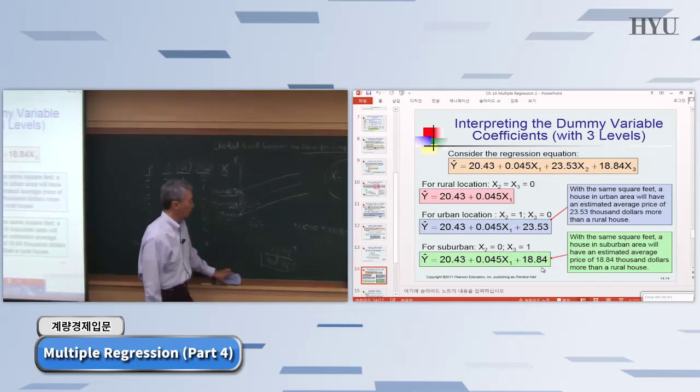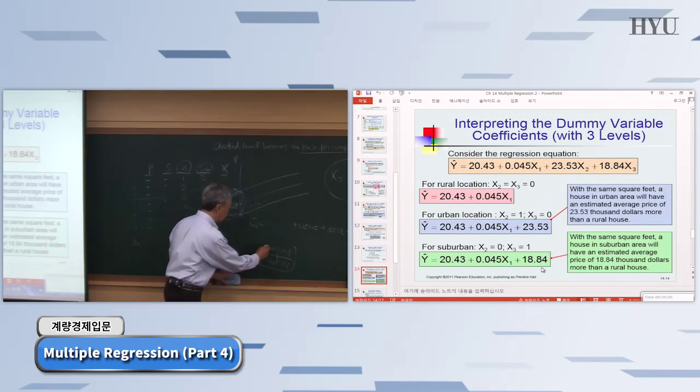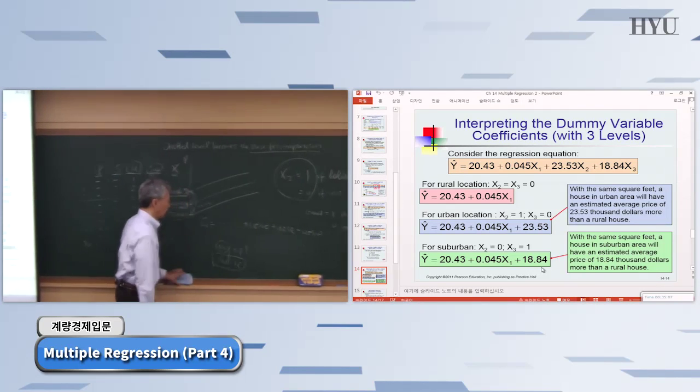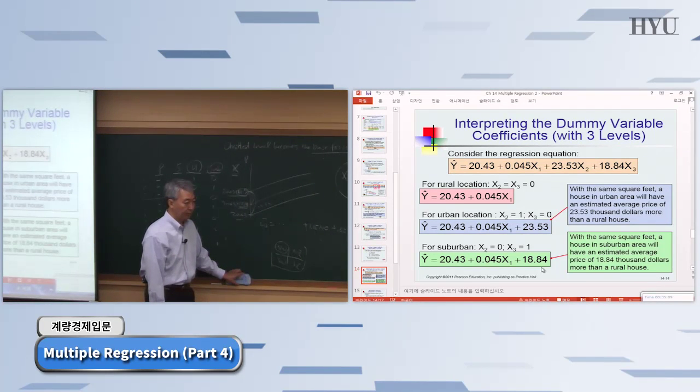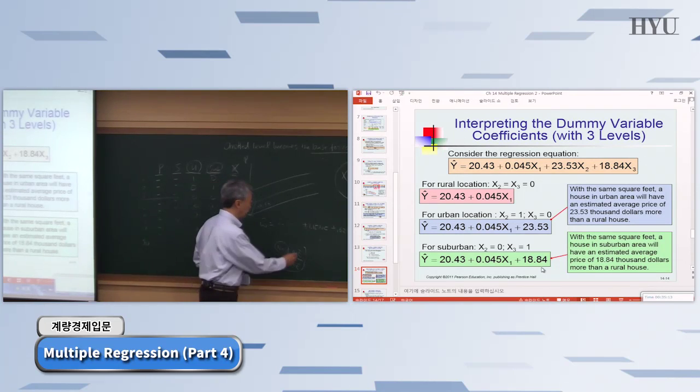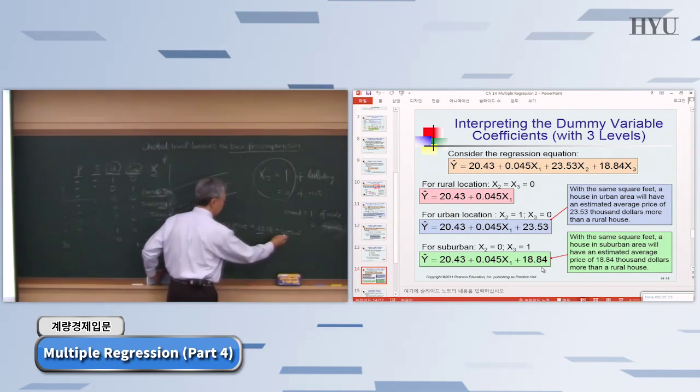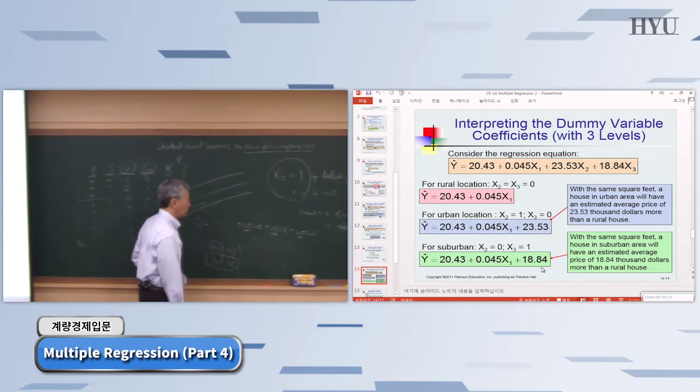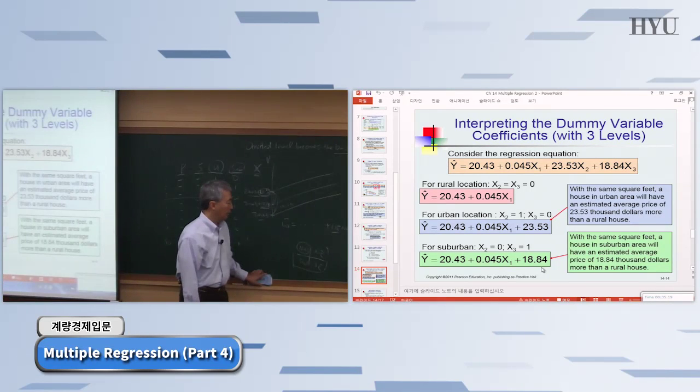Suppose I got that estimate, which means northwest is the omitted level. So all these estimates tell me what? The difference between northeast and what?